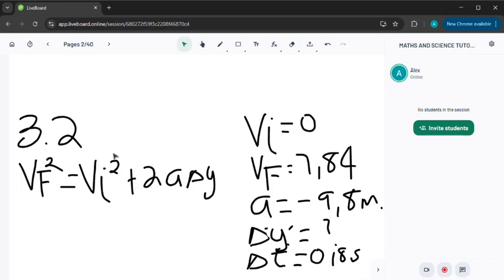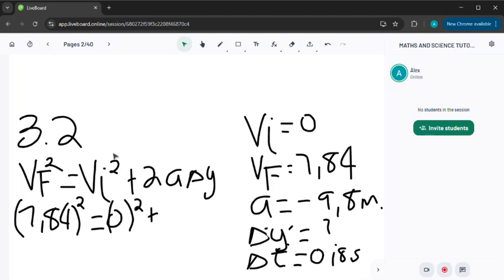So Vf, that is 7.84 squared, is equal to Vi, that is 0 squared, plus 2a, which is negative 9.8, and then delta y, that's what we are looking for.